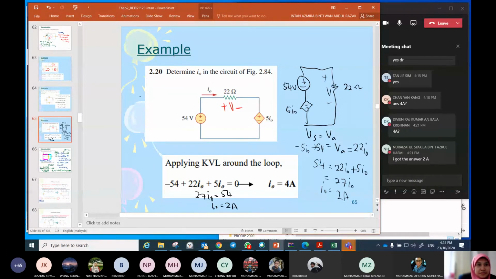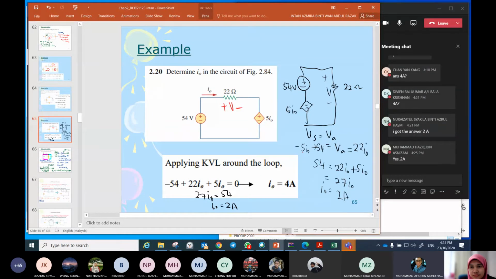Isn't it? No, try doctor. Yes, consider correct. But why, the first sign for each element. Let's say the 54 volt, its first sign is negative, right? So we take negative 54, plus, if we follow the doctor's picture, positive 5 I naught, minus 54, and then equals to positive 22 I naught.